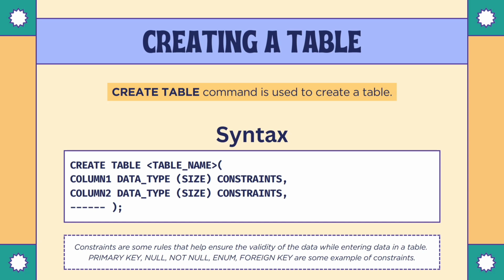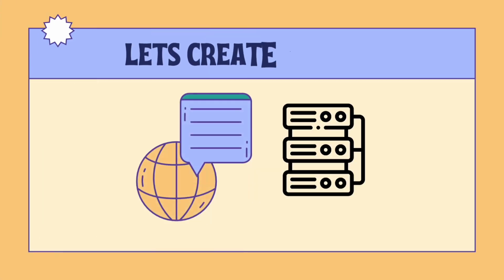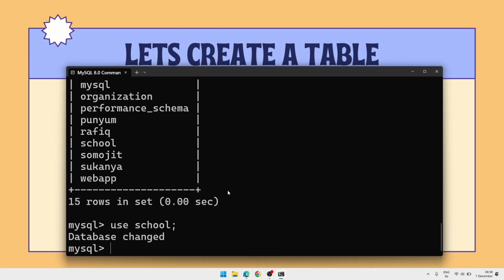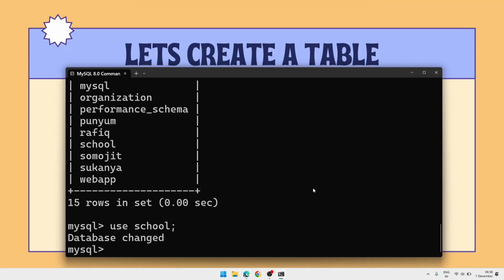So let's try to create a table. We'll go to MySQL. We are already in the school database. So here again we can see what tables are present. For that we can write show tables.